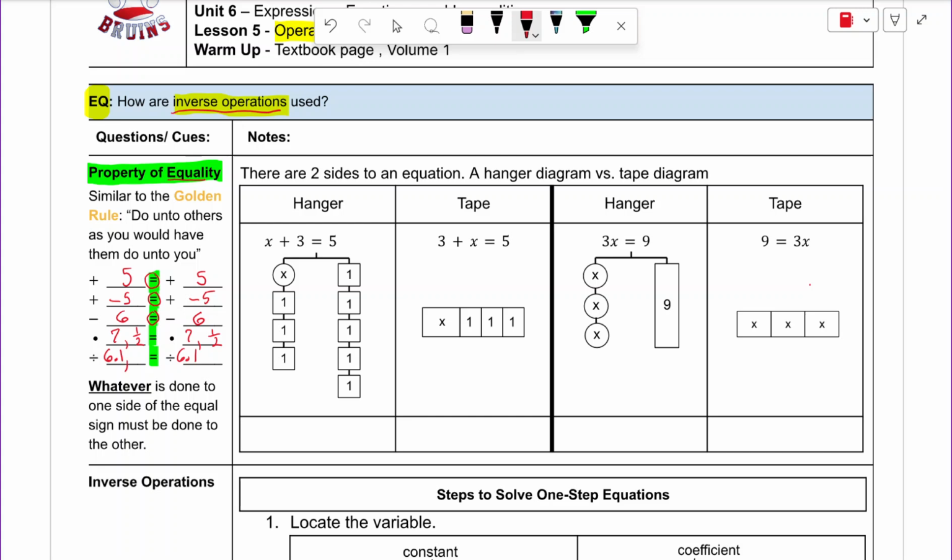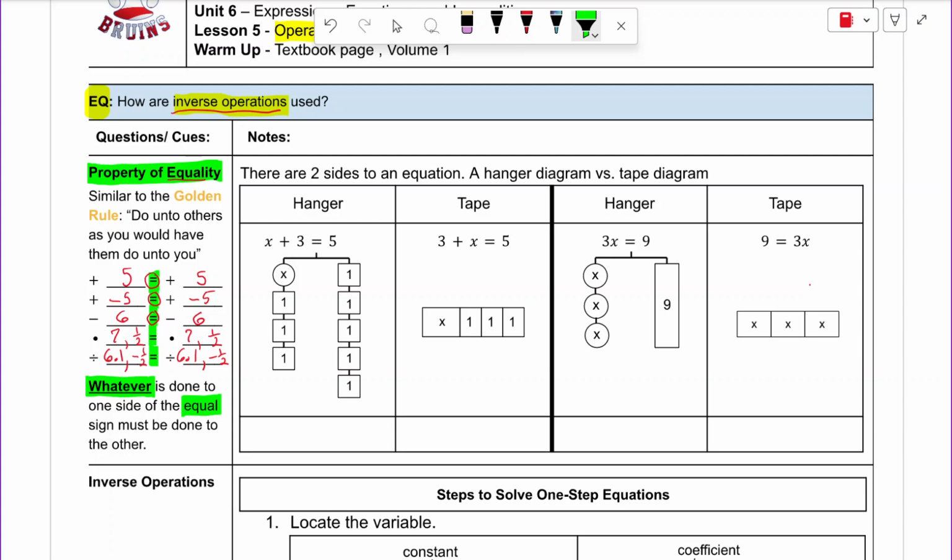Or let's say you had to divide one side by negative half. Well, then you'd have to divide the other side by negative half. So basically, whatever is done to one side of the equal sign must be done to the other side to keep things equal. That's what's important with the property of equality.